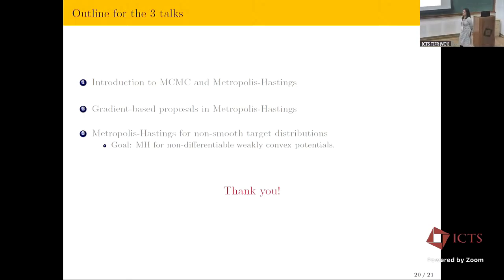Because the Moreau-Yosida envelopes are traditionally defined on R^d. I don't know the literature beyond R^d, so that's mainly why we've fixed it to R^d. But the other reason, obviously, is that for a lot of problems that Bayesian statisticians worry about, we are often in R^d.